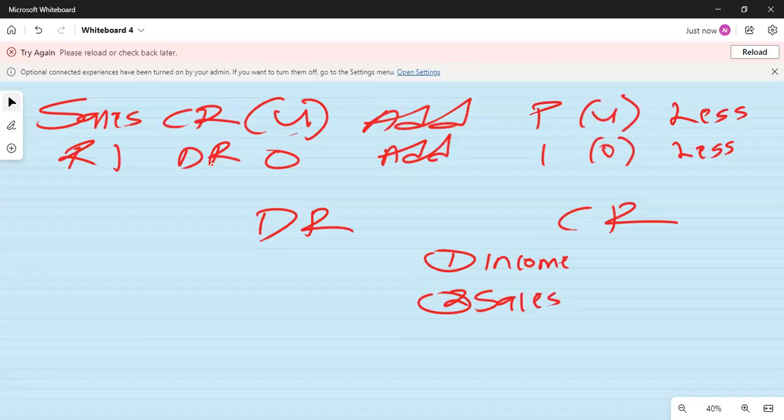That one is sure. This is over. If income was overstated, that means that we need to less it so that we're able to get the right figure.